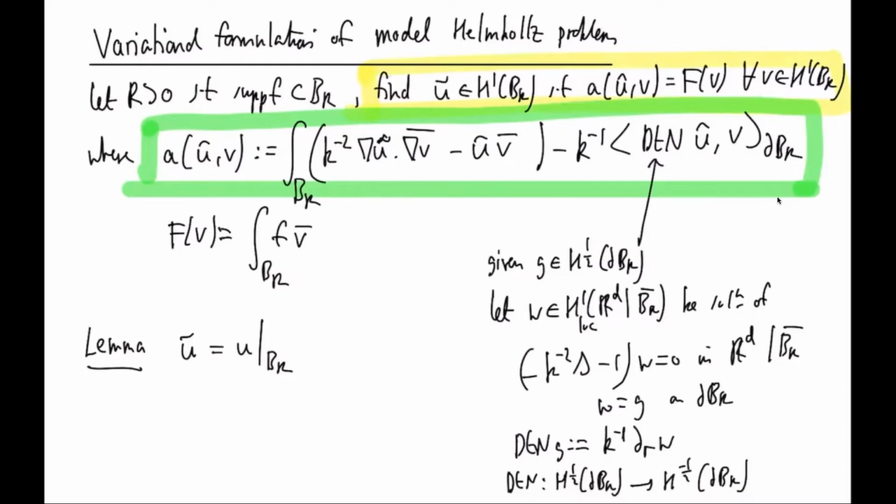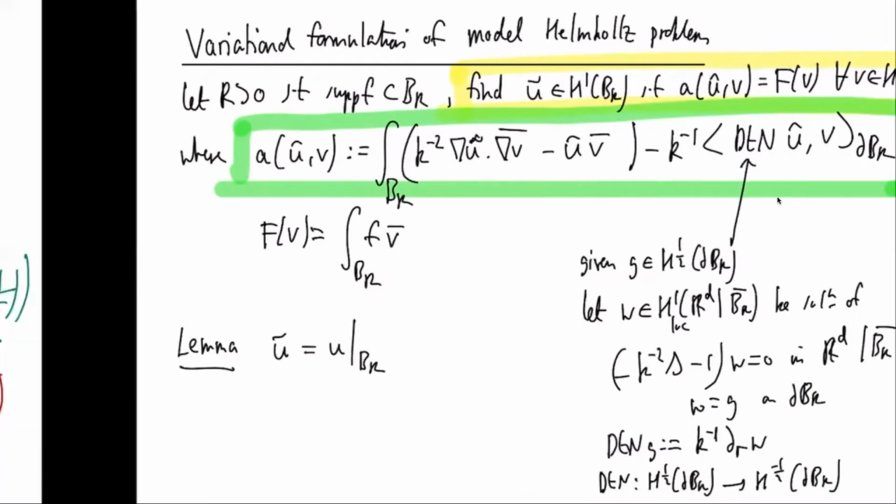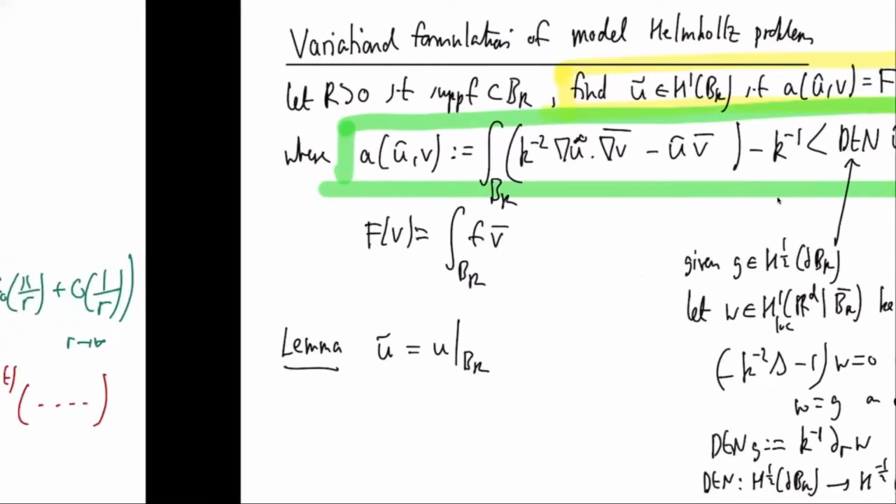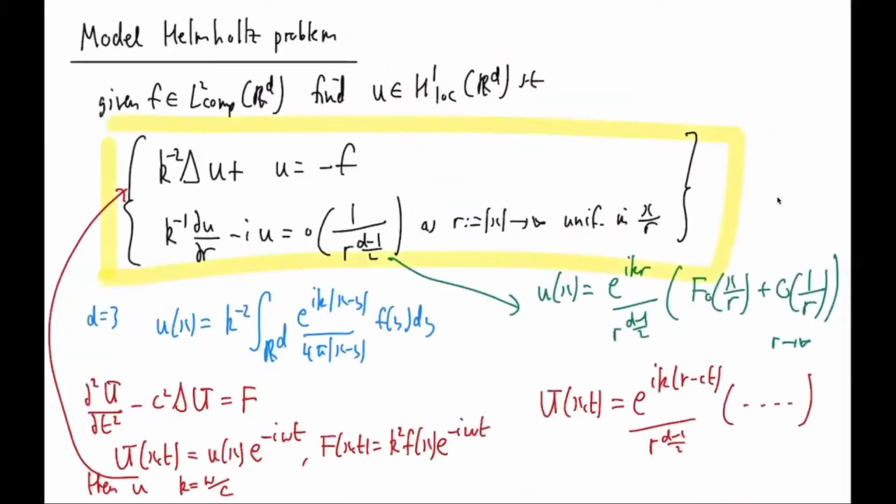Yeah. So here we got this wave number K, and I should have said that I'm interested in studying this model Helmholtz problem, and more complicated Helmholtz problems, in the case when K is large.